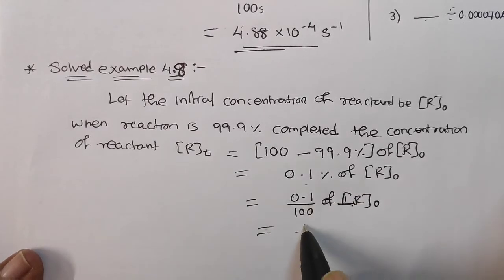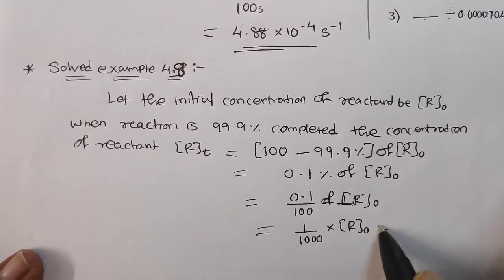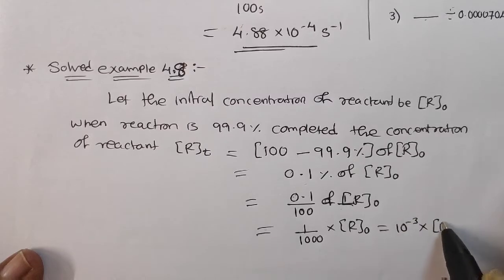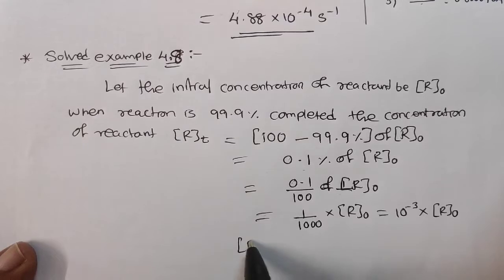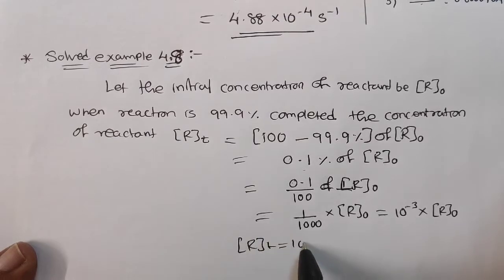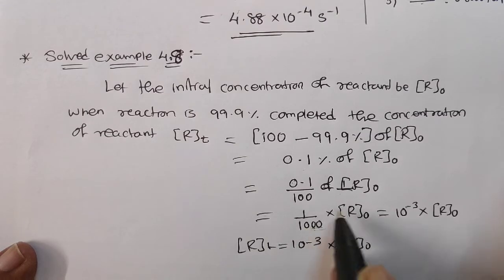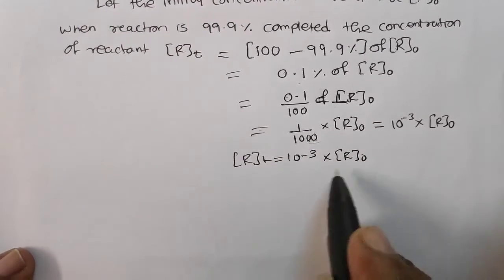So it is 1 upon 1000 into R0, which I can write as 10 raised to minus 3 into R0, that is Rt is equal to 10 raised to minus 3 R0. Okay, now Rt we got here.